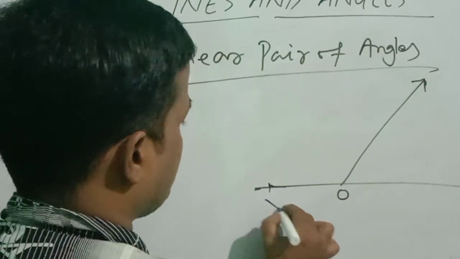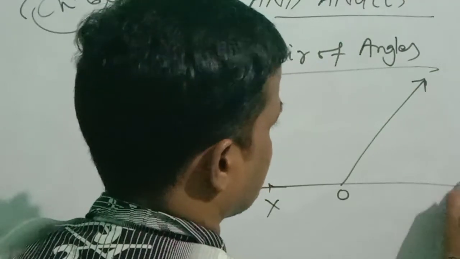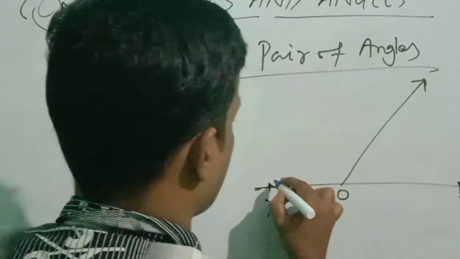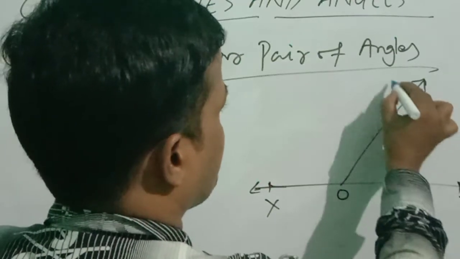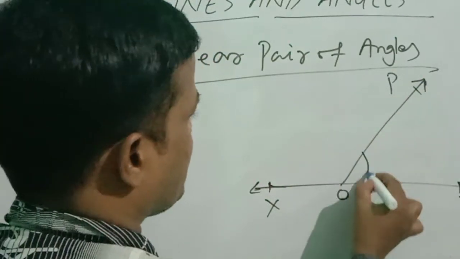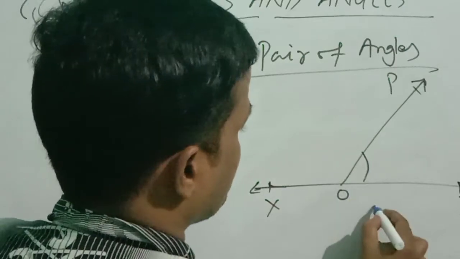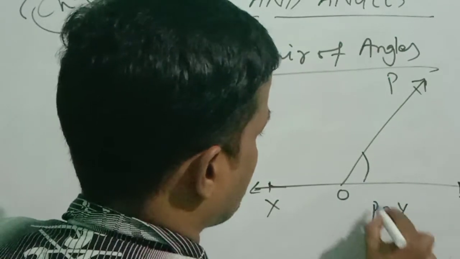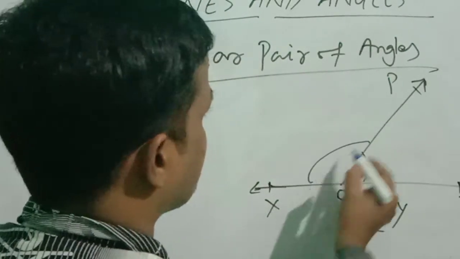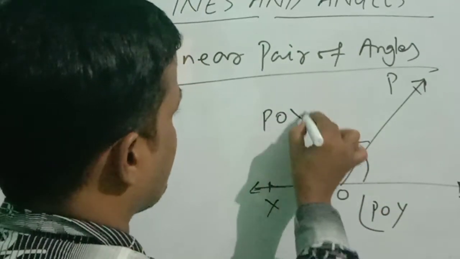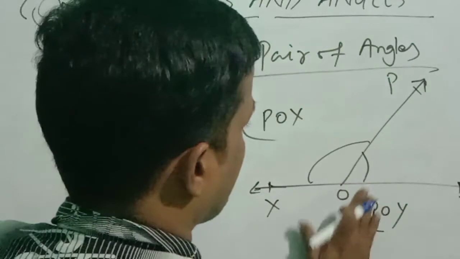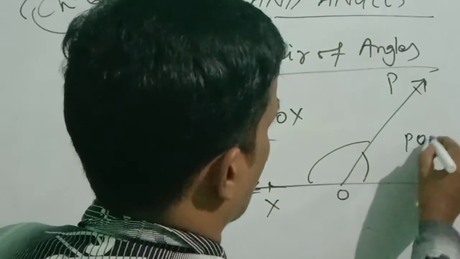Suppose this is x, this is y. Let us say this is P. Here you see this angle is POY, and this angle is called POX.